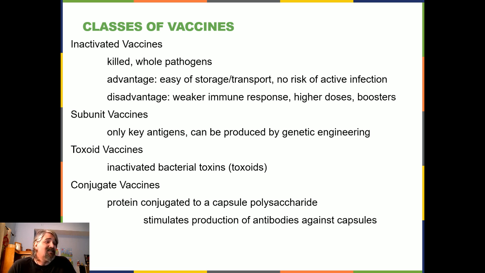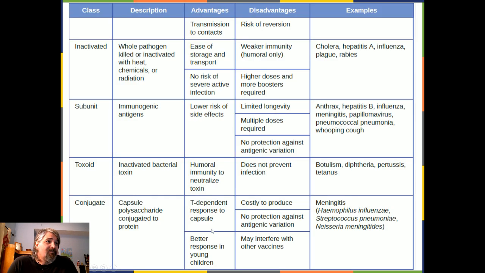Conjugate vaccines are a protein conjugated to a capsule polysaccharide to stimulate the production of antibodies against capsules. All right. Oh, and that was left over from the risk of reversion and transmission to contacts from the attenuated vaccines. So inactivated vaccines include cholera, Hep A, influenza, plague, rabies.